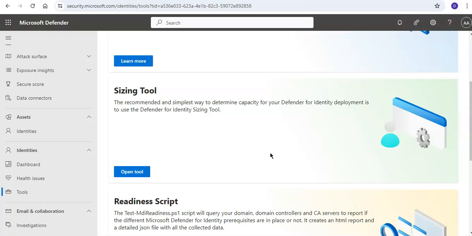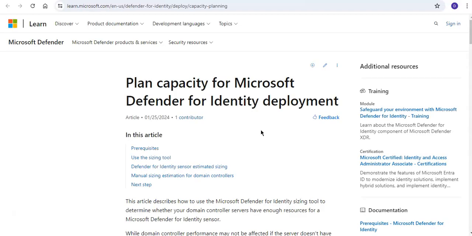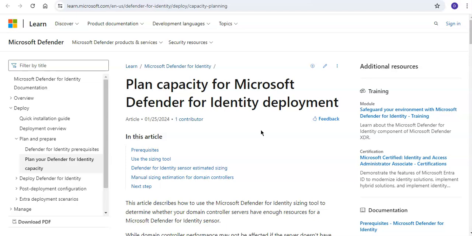The sizing tool will give you the recommended and simplest way to determine capacity for your Defender for Identity deployment. If I click on it, it will take me to the documentation.